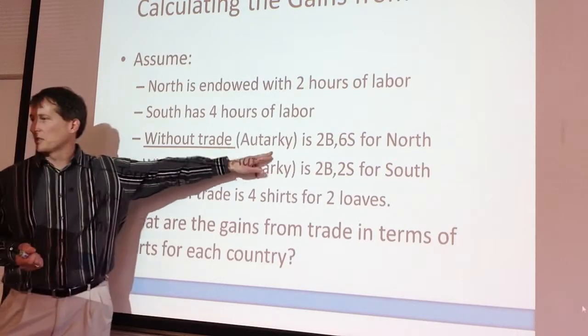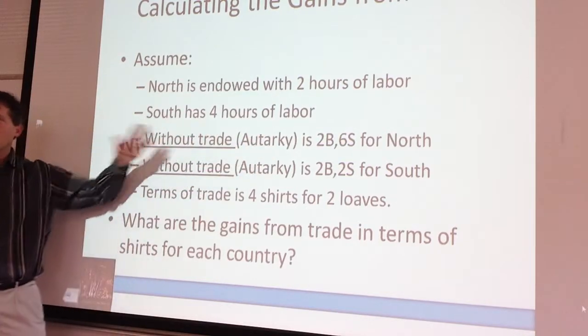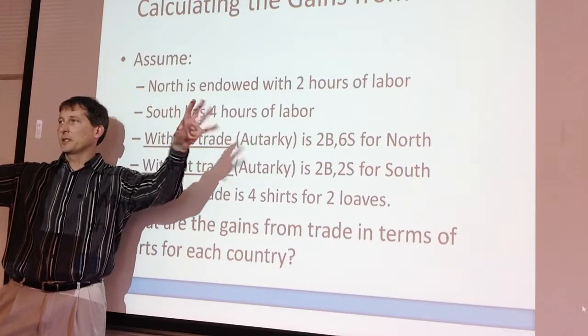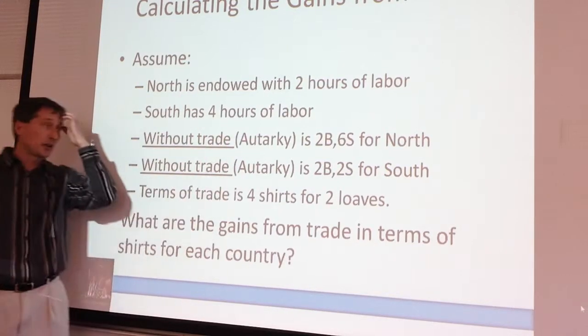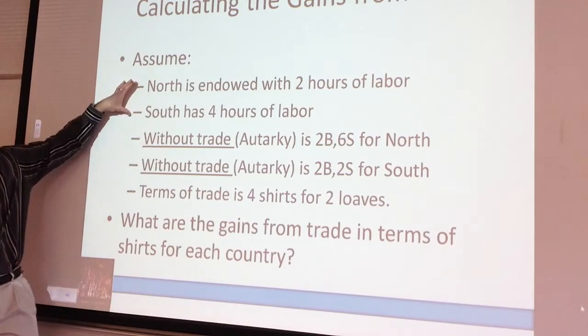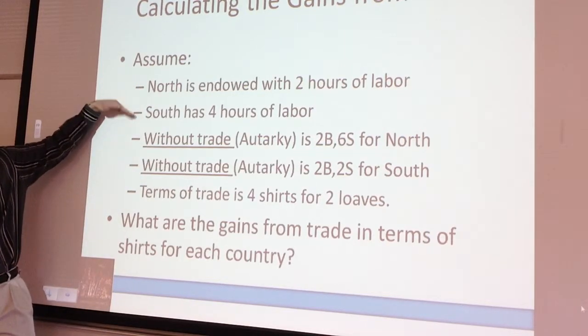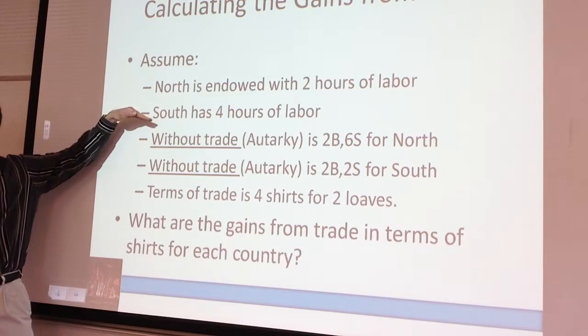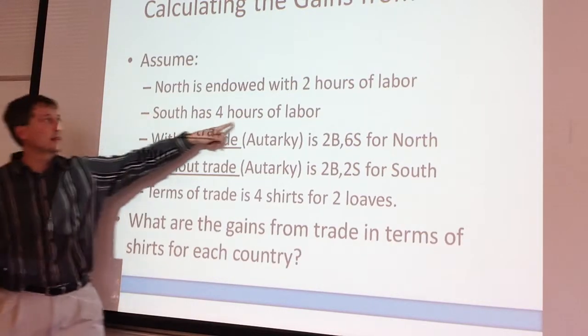So they also don't use this word autarky, but it's a common word for no trade. So without trade, you've got 2 people that don't trade with each other. That's their kind of starting place called autarky. And so you have to make this assumption to make the rest of the numbers work for what the book goes on with. And they don't say this.